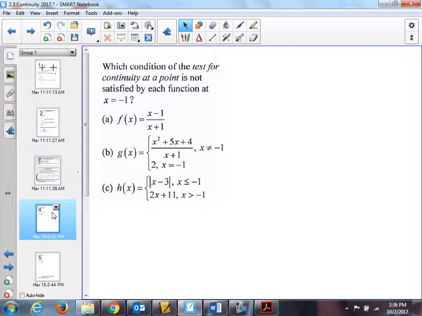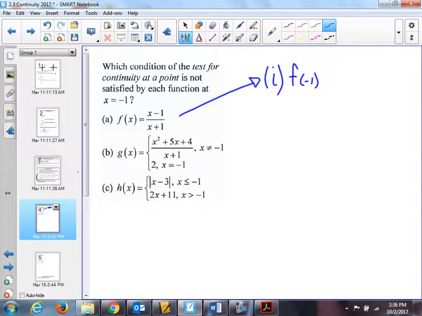Which condition for the test of continuity at a point is not satisfied at x equals -1? So, for A, the first test, now since we have A, B, C here, I'm going to use 1, 2, 3, little Roman numerals. The first thing I test is, does f of -1 exist?